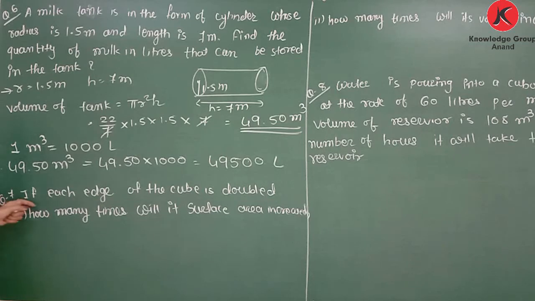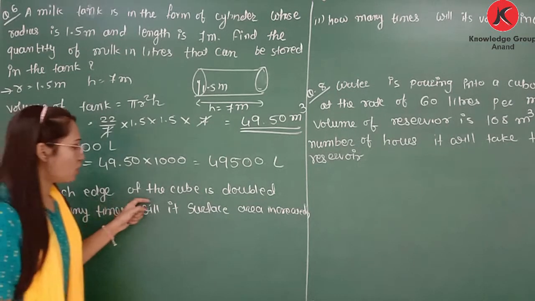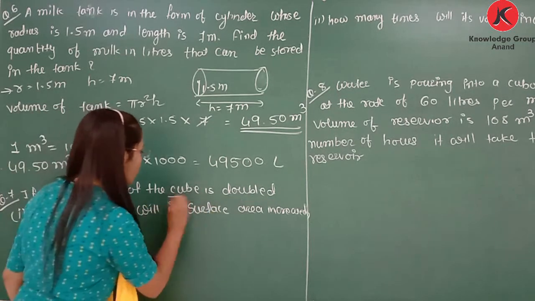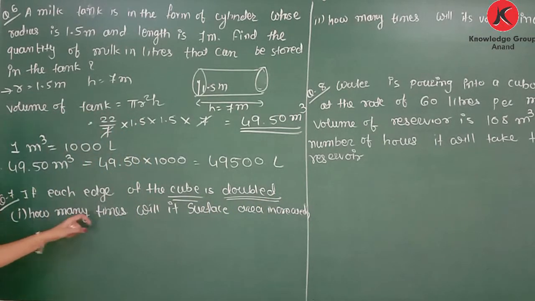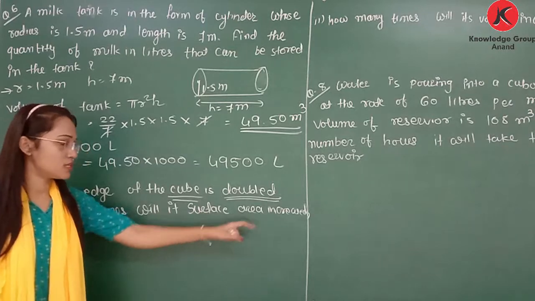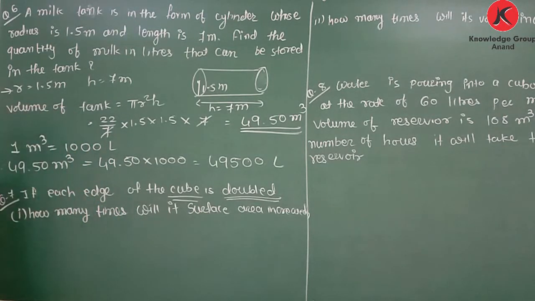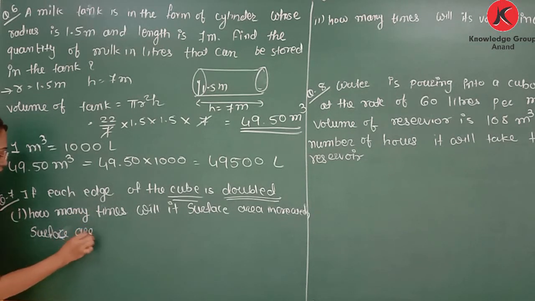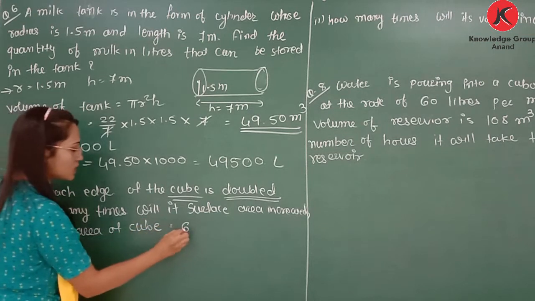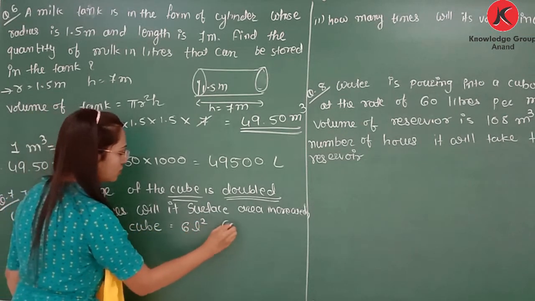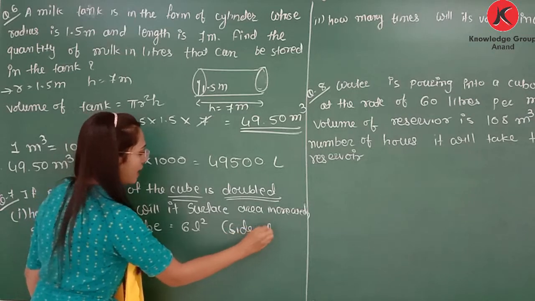Now next, if each edge of a cube is doubled, how many times will its surface area increase? So what is the formula for surface area? Surface area of a cube is 6L square, when the side is L centimeter.